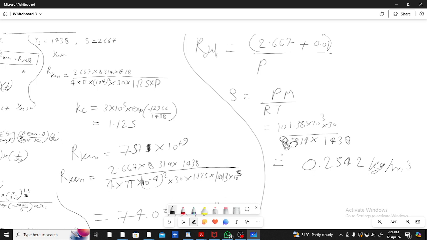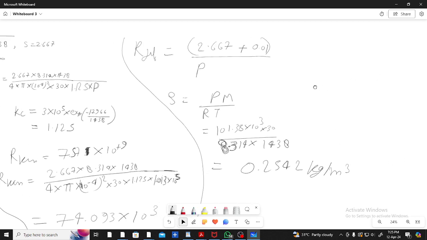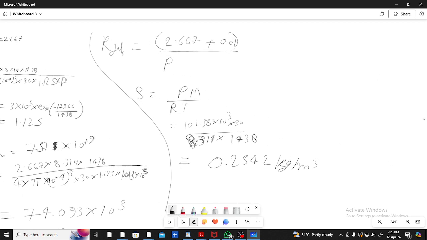Maybe. Wait. Just take everything in SI units, so it will be 1.01325 into 10 to the power 5, right? Then 0.2542, into 30 upon 8.314 into 1438.